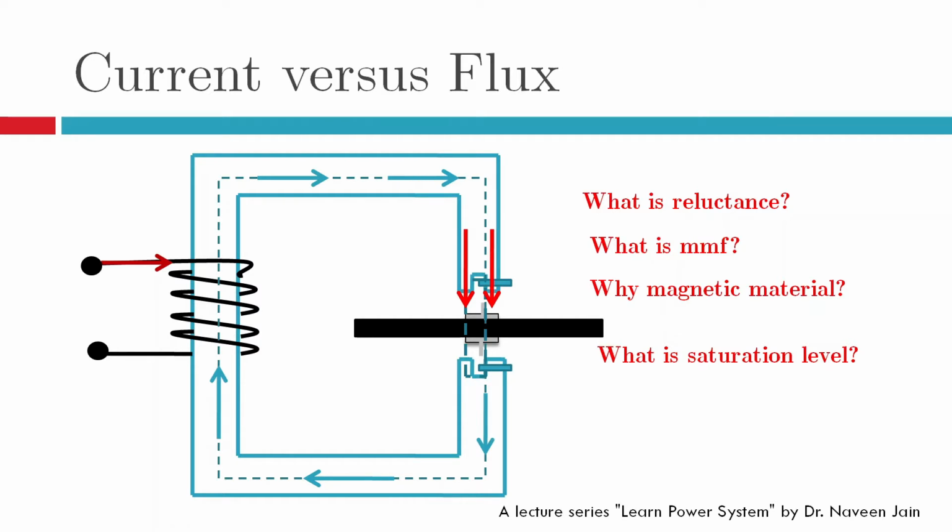The saturation level may be nearby 1.5 Tesla, or you can say between 1.6 to 1.8 Tesla normally, depending upon the type of magnetic material like steel, iron, or any such material in the application. So, you need to solve numericals for determining net reluctance of a magnetic circuit, then flux in the different parts of the magnetic circuits, because this is very important and usually similar questions are asked in GATE examination.